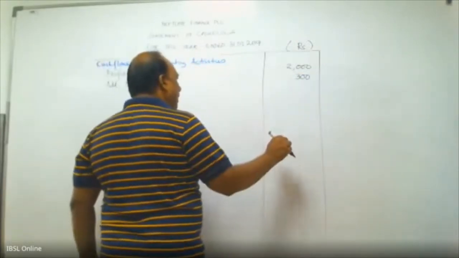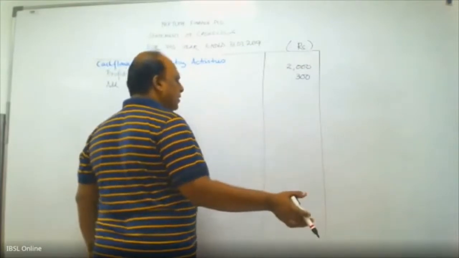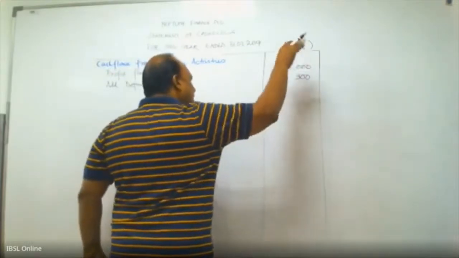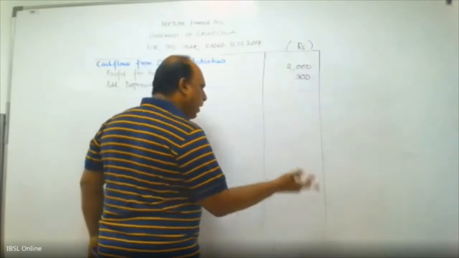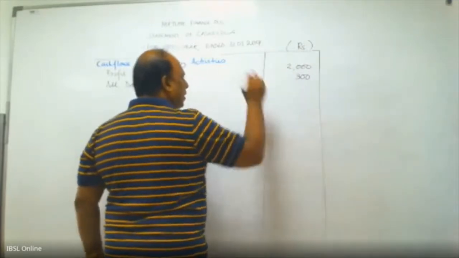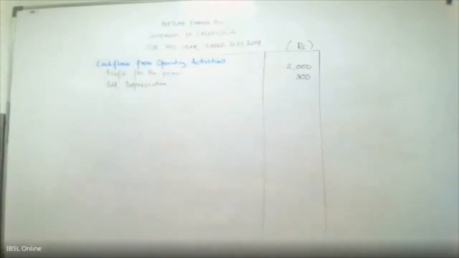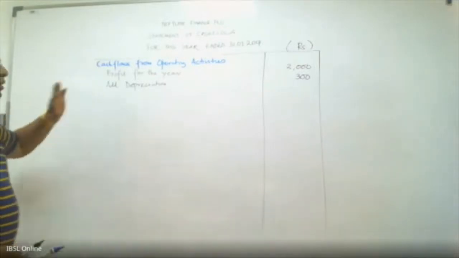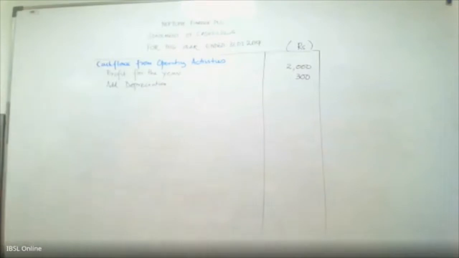You will debit your P&L and credit accumulated depreciation. So as a result, your profit is understated. Now I have to bring it to normal. So I will add the 300. Right. So I think since they have given only the balance sheet, this is the only adjustment that I can do. Other than that, there are no other adjustments.